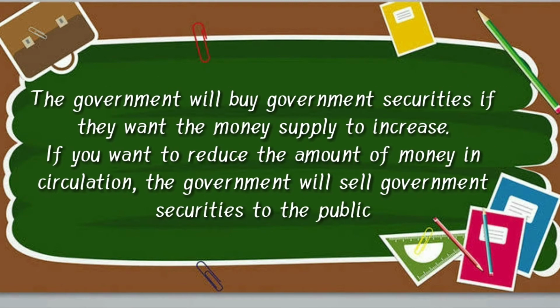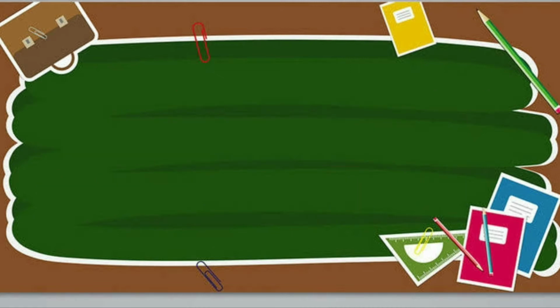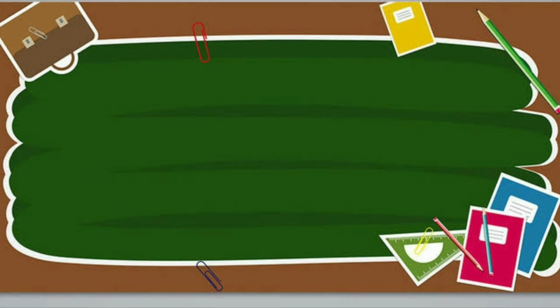The government will buy government securities if they want the money supply to increase. However, if you want to reduce the amount of money in circulation, the government will sell government securities to the public. Some government securities include Sertifikat Bank Indonesia or SBI and Surat Berharga Pasar Uang or SBPU.